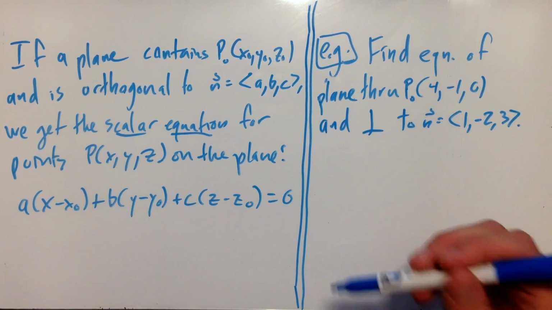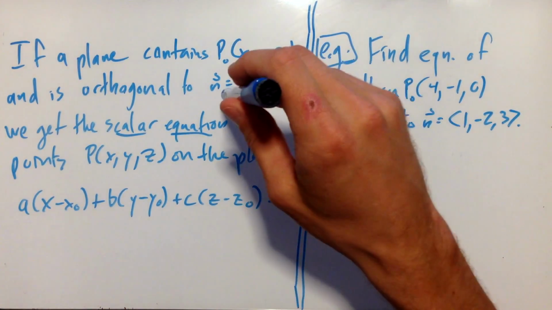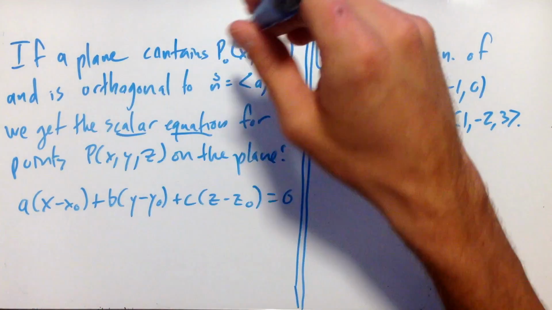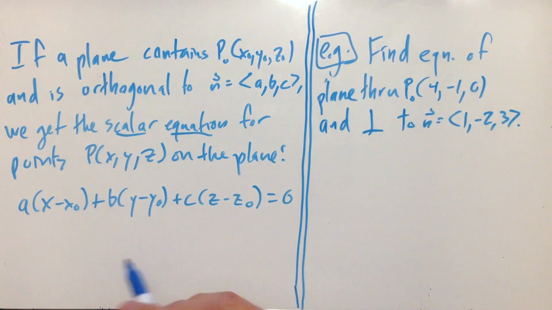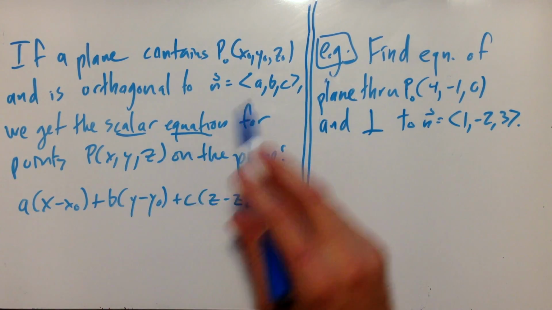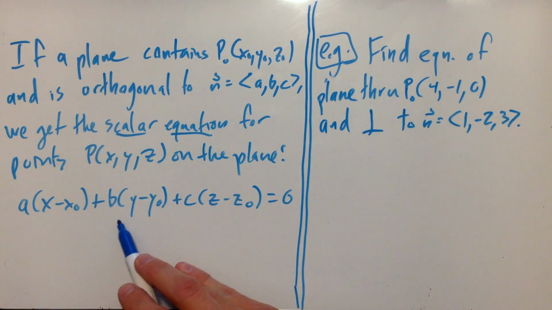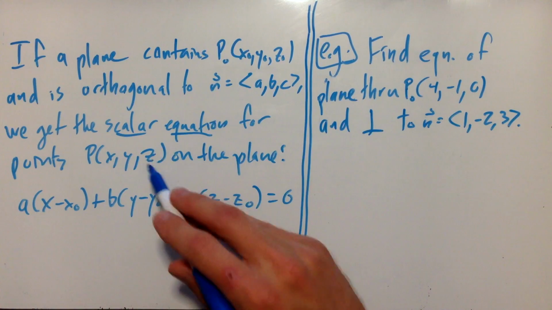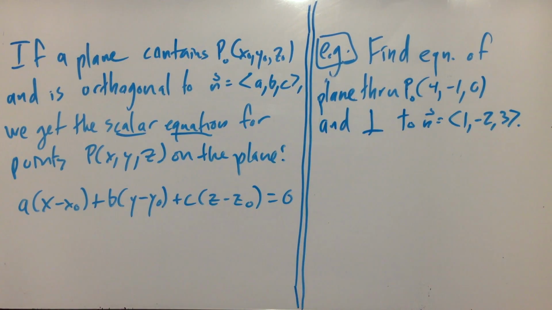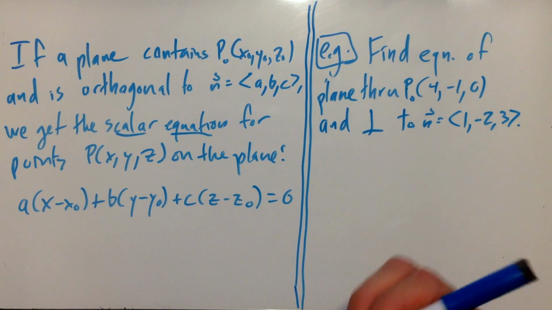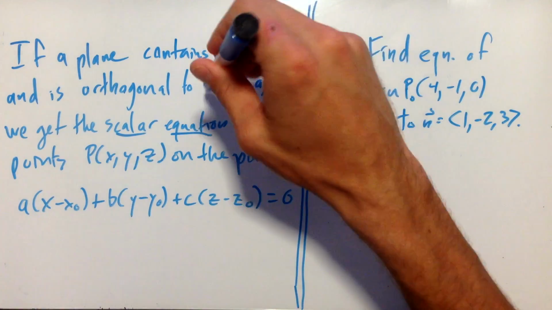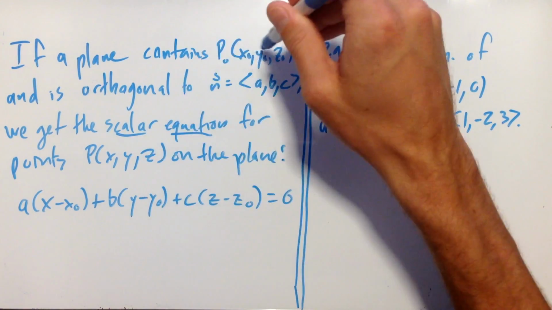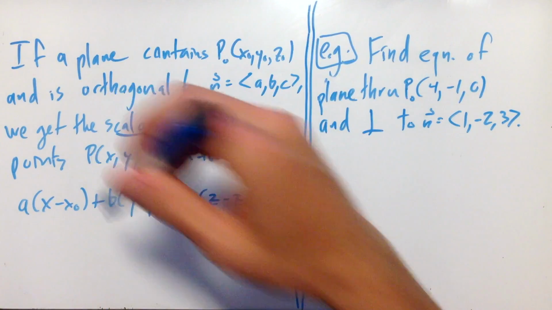The dot product of n against r minus r0 is equal to a times the difference of these coordinates plus b times the difference of these coordinates plus c times the difference of these coordinates. Great. This is pretty clearly just a dot product of this vector and the displacement vector from P0 to P.